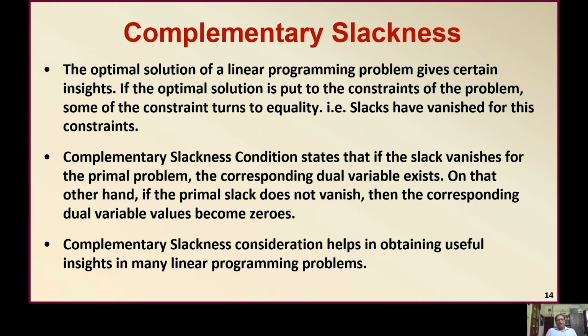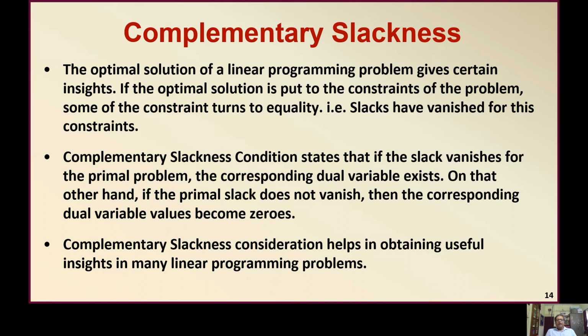A very good example is the transportation problem. In the transportation problem, we can find the complementary slackness, and from there we can compute the Cj minus Zj values very easily, right? So the complementary slackness conditions and duality concepts have applications in many important areas.